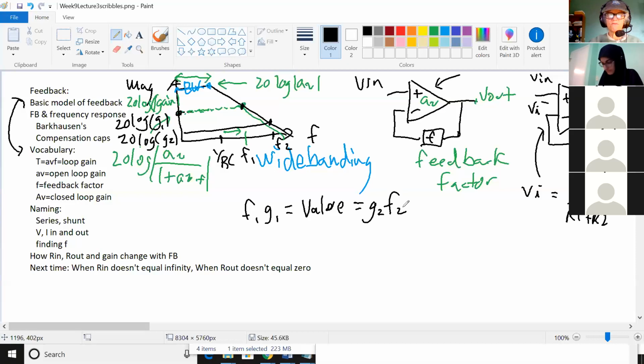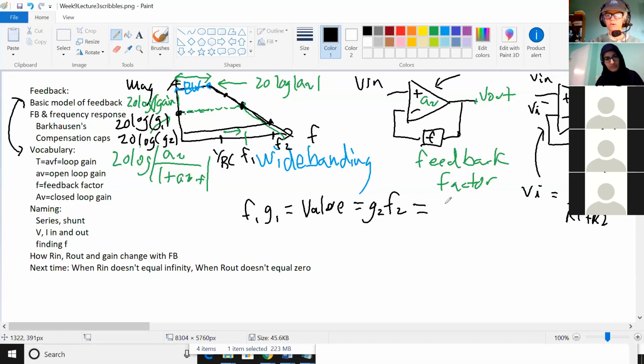In the video, I gave you an example with numbers, and I might point you to that if you need gain bandwidth information. But as long as that second pole, remember if we have a 3-stage op amp, we have 2 poles, is far enough out after that first pole, any point on this line, so if this is gain 3 and F3, you multiply those two, it will equal the same value.